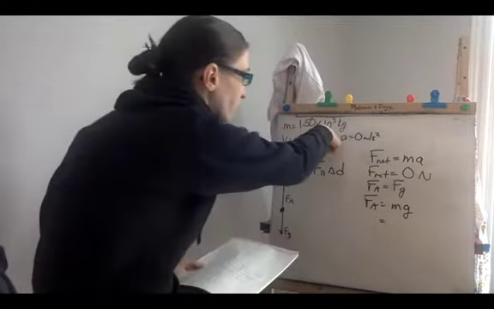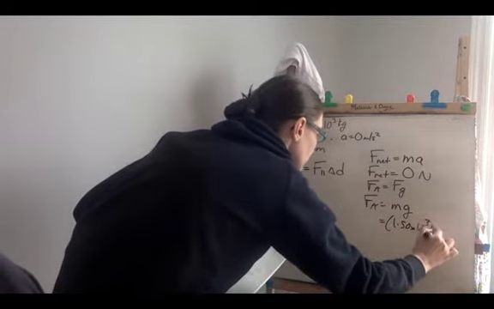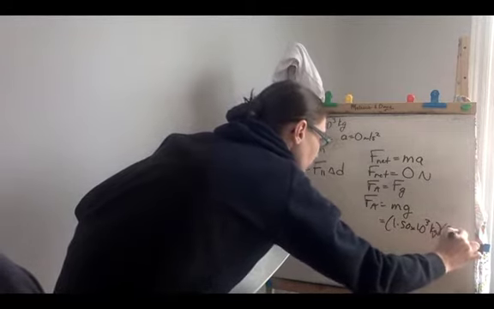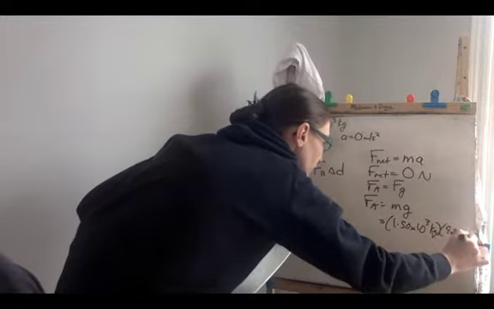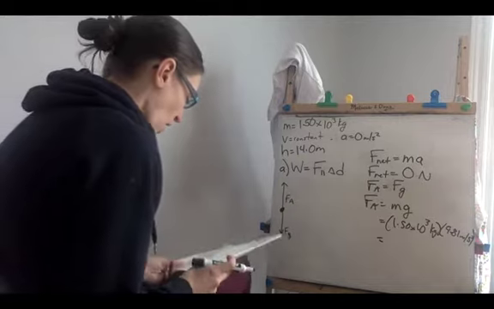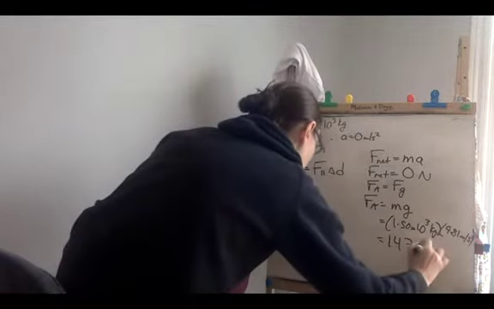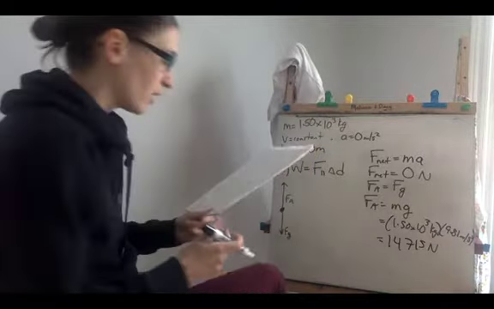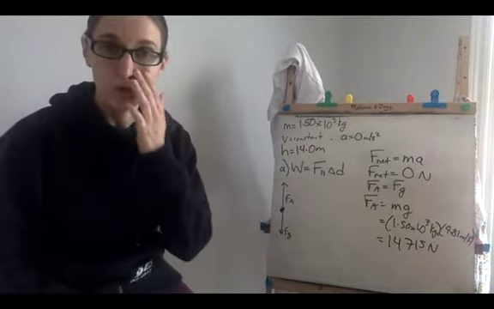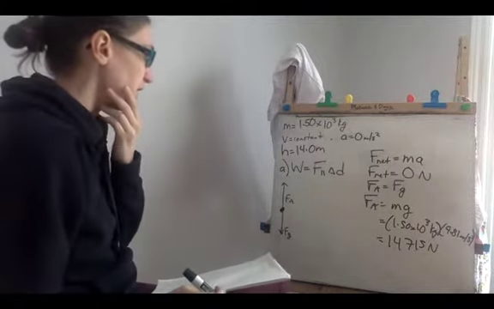We have the mass of our object, 1.50 times 10 cubed kilograms, multiplied by our 9.81 meters per second squared, right? And when we do that math, we get a value of 14,715 newtons. Okay, I'm not going to round my answer yet because I do have more work to do, but I will round to my necessary three sig figs once I get to the end.